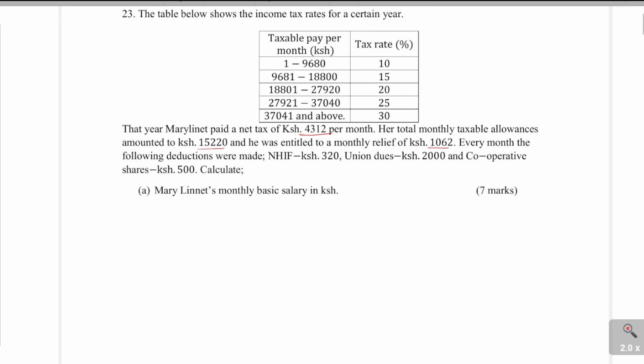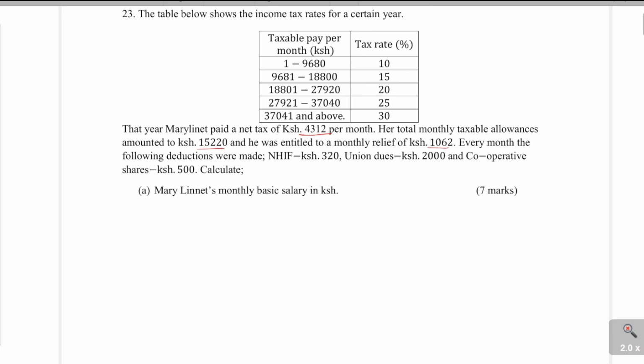And once we get the taxable income, we'll be able to get the basic salary. So how do we get the taxable income? Using the net tax. That is reverse taxation or backward taxation, where we use the net tax in order to get the taxable income. So this is how we go about it.